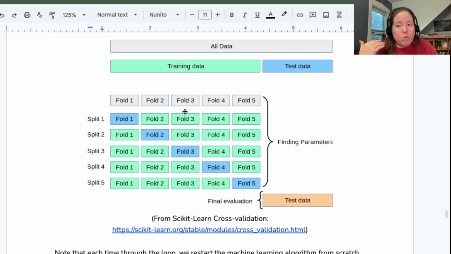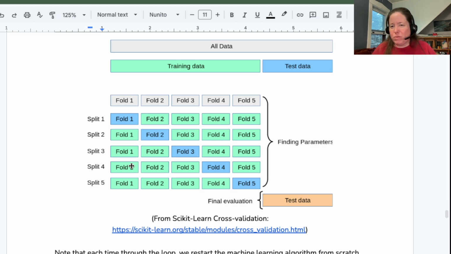But notice that what's necessary here is that the algorithm runs quickly enough that we can, in fact, rerun it k times, 5 times in the case of this picture. And then we can look at the outcome across all of these and see: is there a common value?